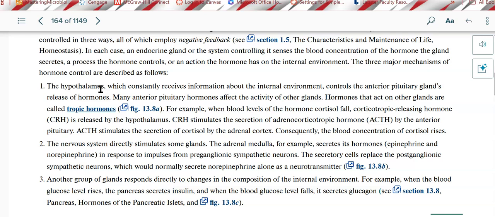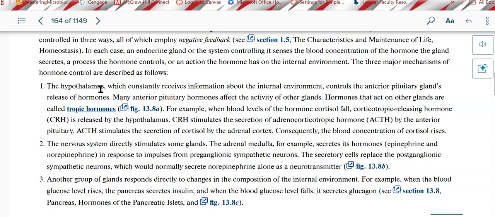Now, I should have said this earlier, but a lot of times we hear the pituitary gland mentioned, and the pituitary gland really is two separate glands. You could even make a case for a third section, but the anterior pituitary works in a completely different way from the posterior, and we'll be seeing that in I believe the next video.